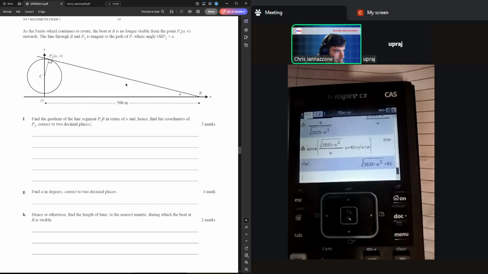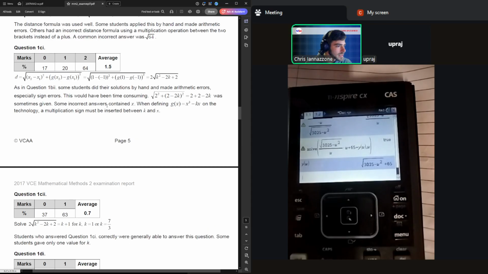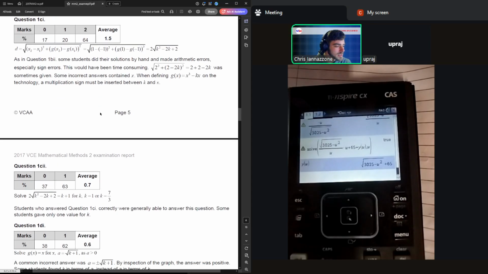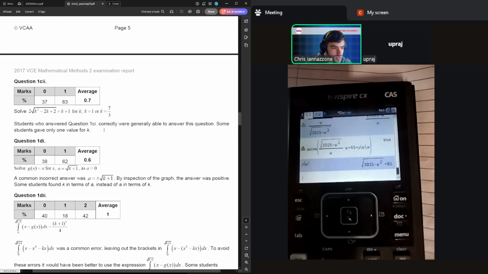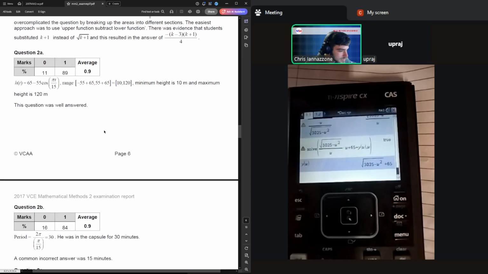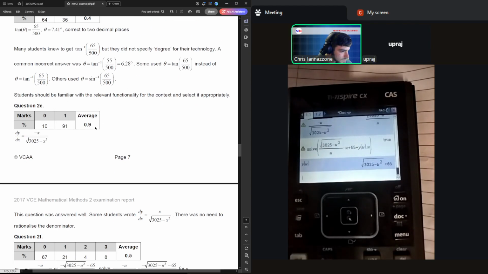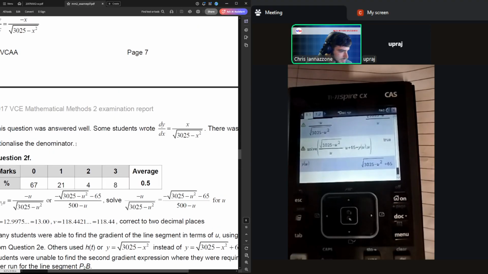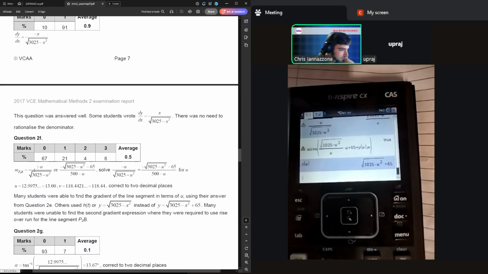So I guess the next best thing to do would be to do what they did in the answer, which is rather than go through, grab a normal and equate it to the curve, what you do instead is a simultaneous between the rise over run version of calculating gradient and the diff version of calculating gradient. So if we have a look at what's going on over here, we saw earlier that the gradient was given, we could just chuck in the u to get the diff version of gradient.